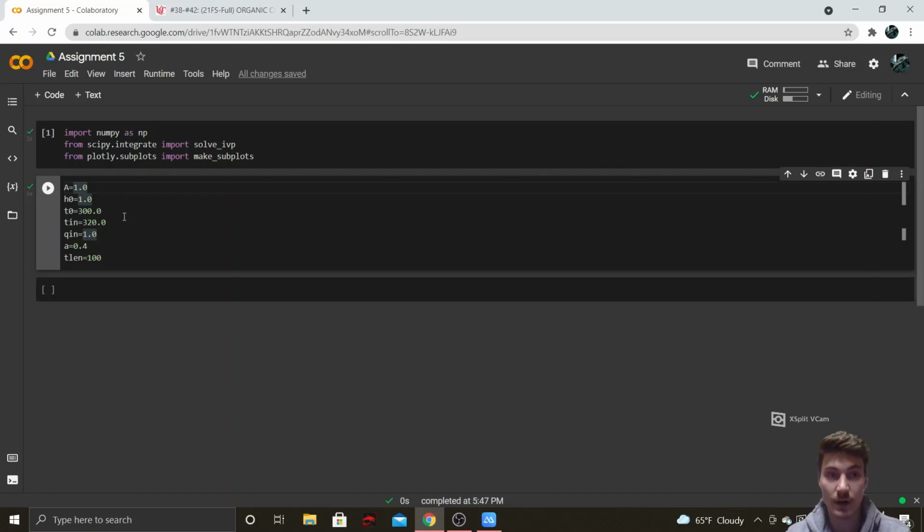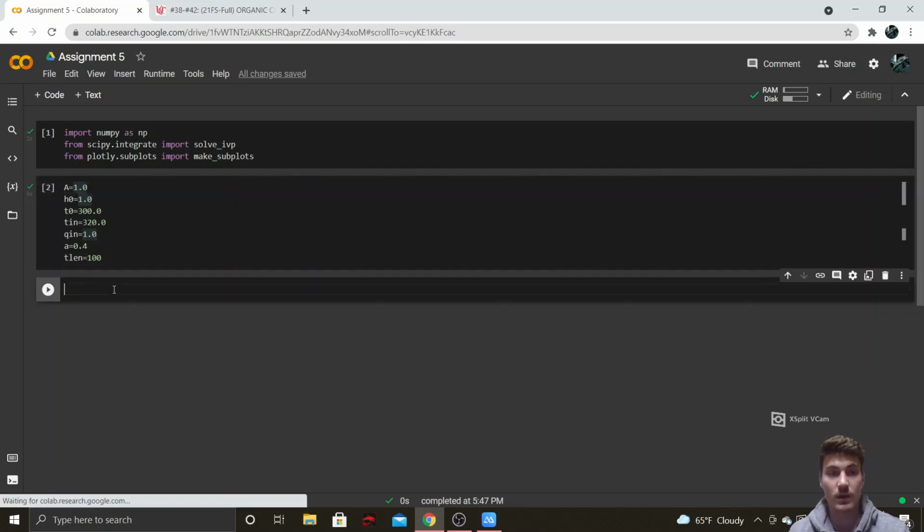So we have our area, our initial height, initial temperature, the temperature going in, our flow rate in, our alpha, and then for later on in the plots, the length and time in seconds that we are going to monitor the values for.